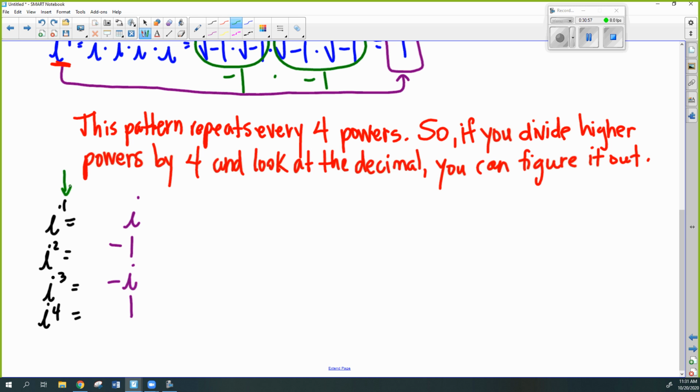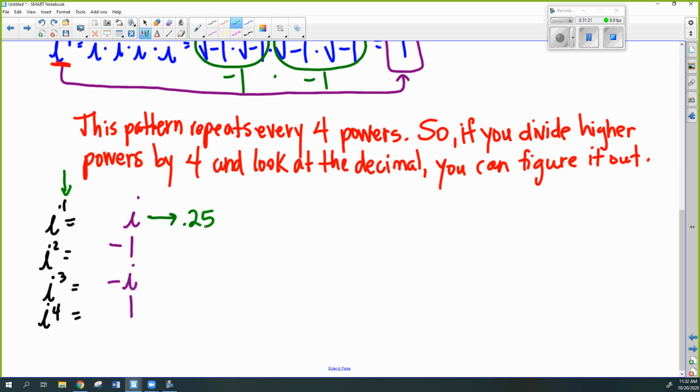All right, good, 0.25. Okay, so any power that you divide by 4, if you get the decimal 0.25 at the end, you automatically can tell me it's equal to I.